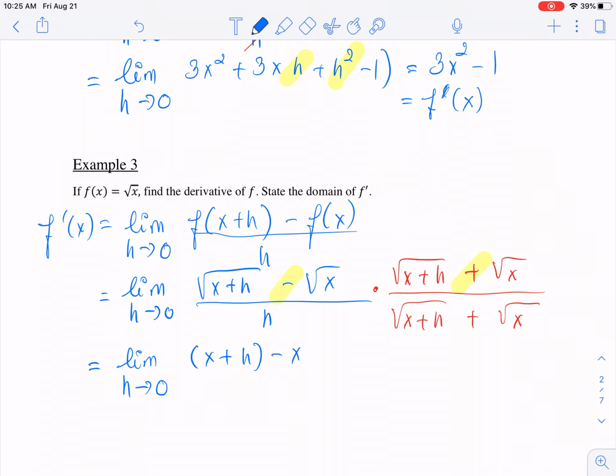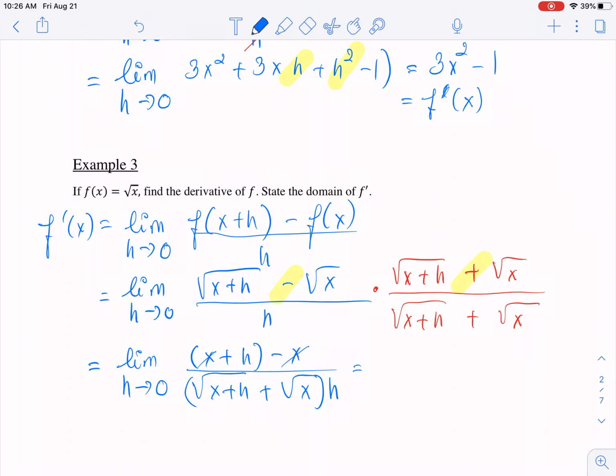So we end up with this. And in the bottom, we still have the square root of x plus h plus the square root of x. And then don't forget, we still have that h. All right, so we cancel out x.